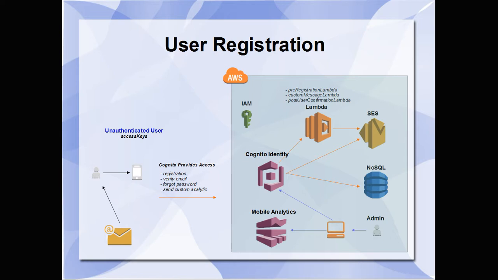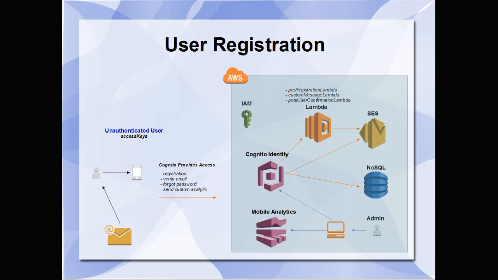This user can now register with Cognito to use the Mobile Hub services that we have behind Cognito. When I say that, Identity Access Management is allowing certain permissions of certain functions within the Amazon Web Services realm. Like, for example, Lambda can talk to NoSQL.